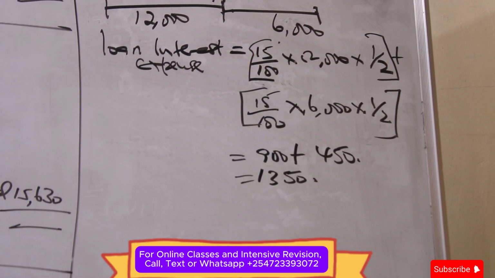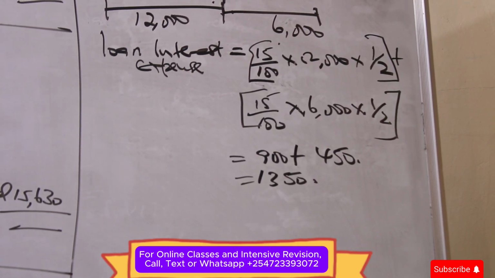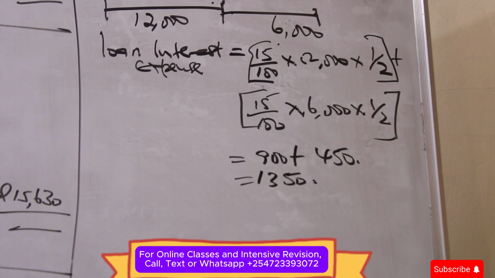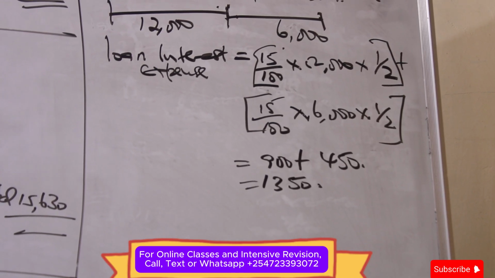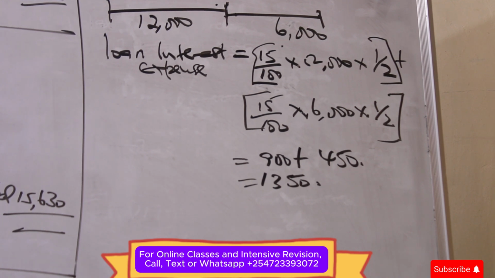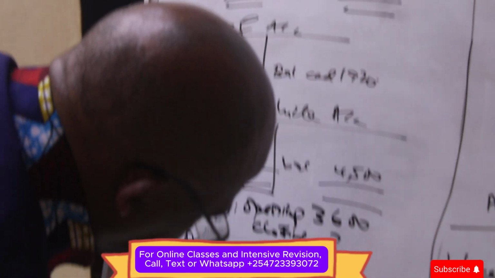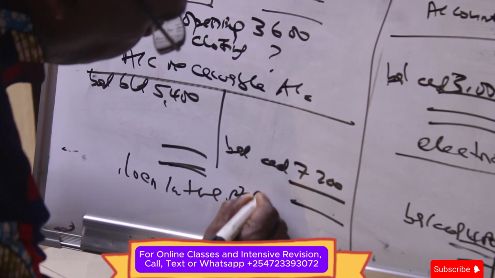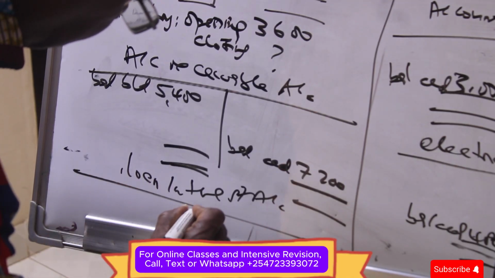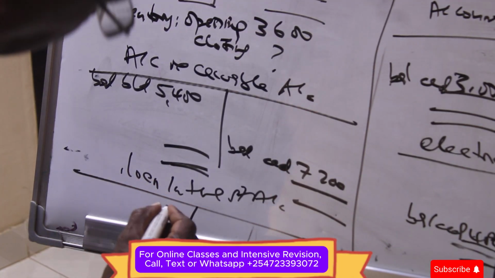Now, we will check whether we have been told whether we paid the interest expense. We are told on 1st of April 2019, Regina paid part of the loan by check of 6,000. So we know our loan interest is 1350.